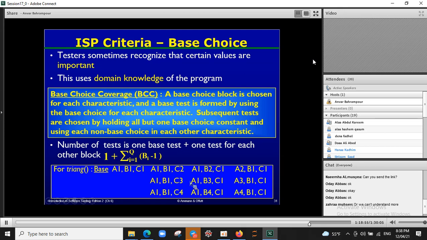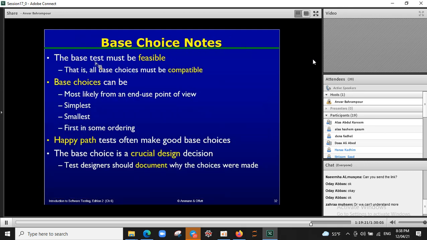We have 3 more blocks, and this is the same for the third. So we have 9 tests plus 1 base test in this case. So the number of tests is 1 base test plus 1 test for each other block of each characteristic. Okay.